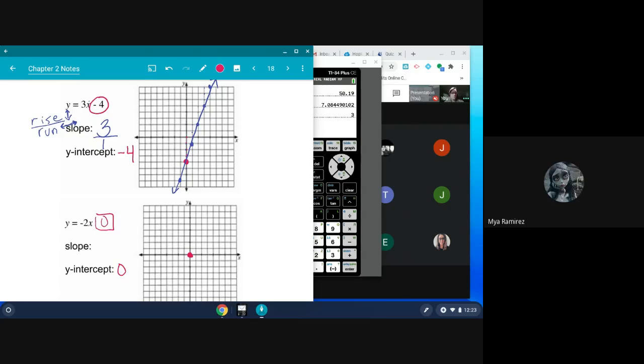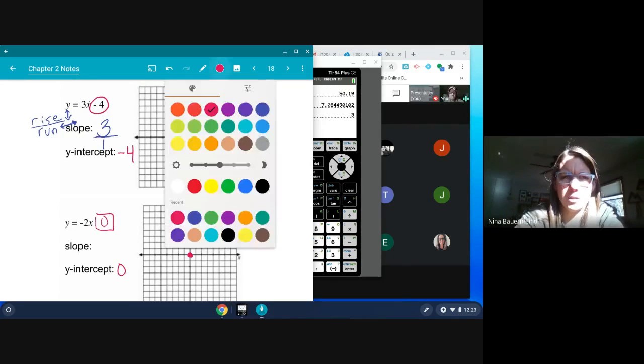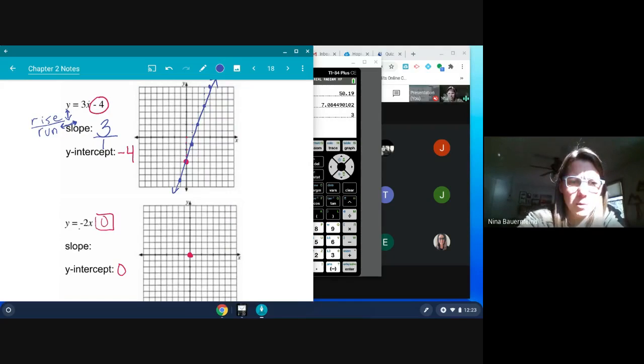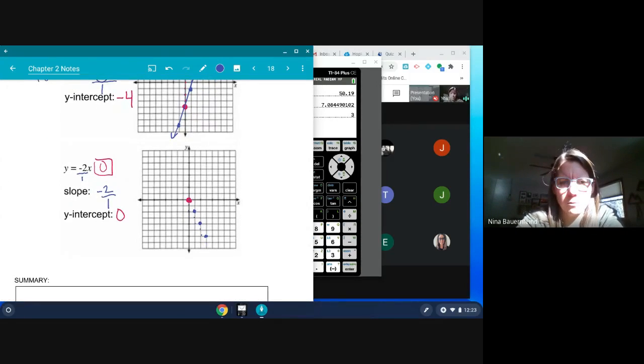Yeah. Okay. And then again, we only have a whole number, so we can put a 1 underneath. So our slope is -2/1. From this dot, we're going to rise -2, 1, 2, and then run 1. Down 2, forward 1. The more you do, the better your line will look. Up 2, backwards 1.